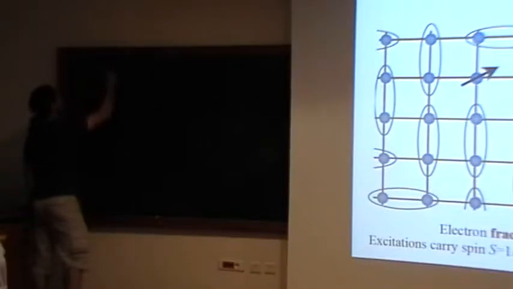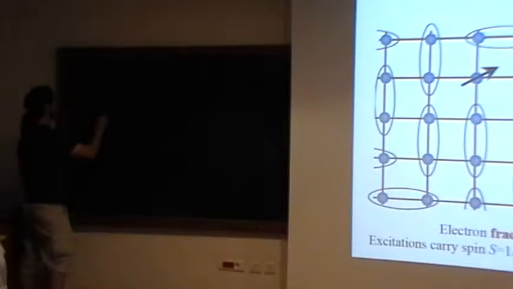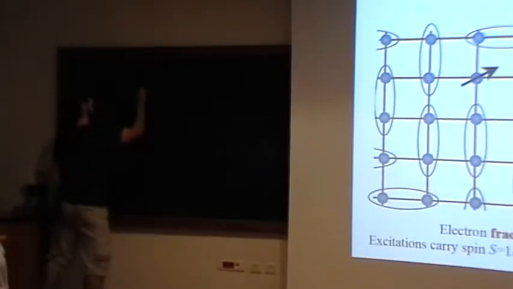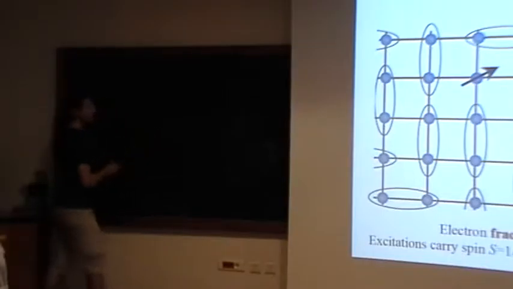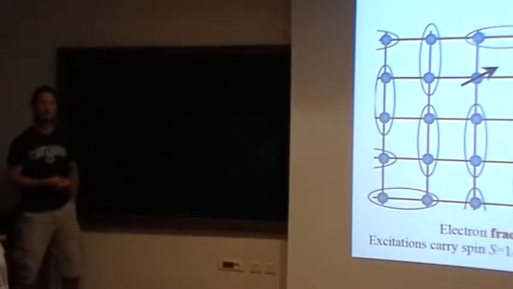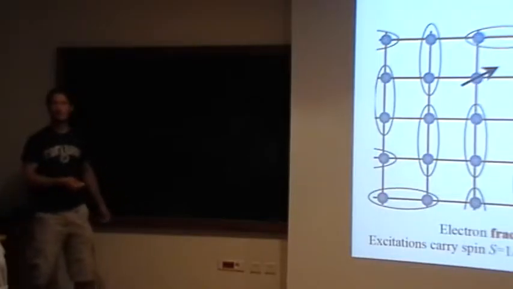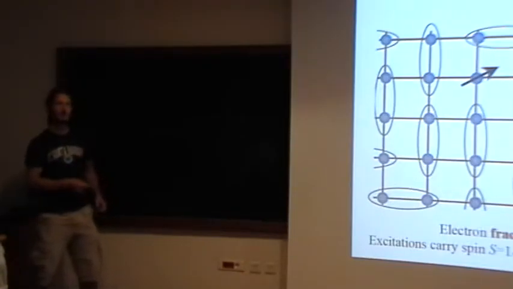Here on the BEC side, you're in the limit where you've got strongly bound molecules, pairs of my original particles. And between these two guys, you have some sort of transition or crossover. So for an S-wave superconductor, most of us know that that's just a crossover.